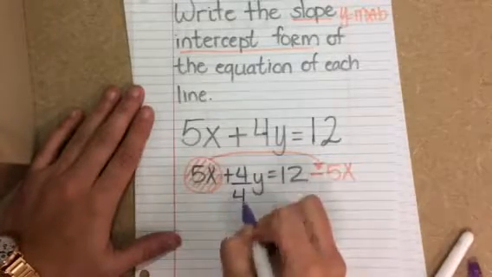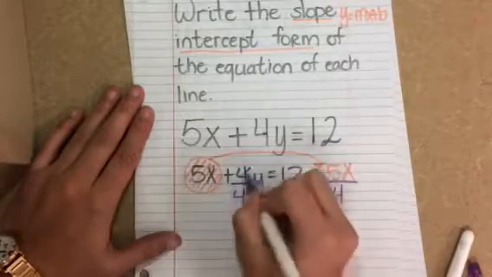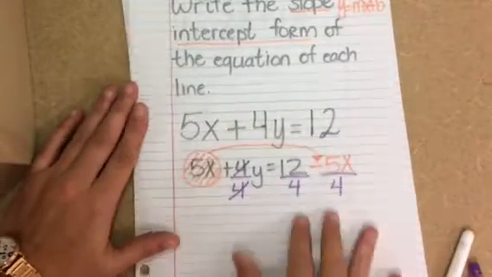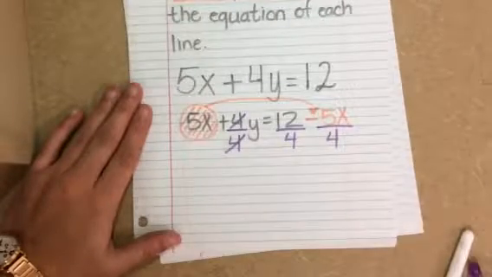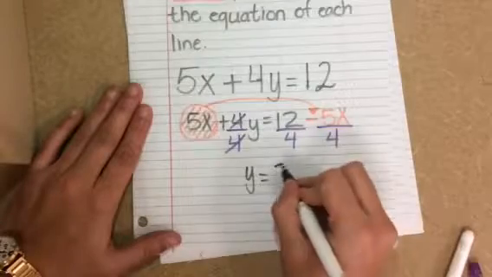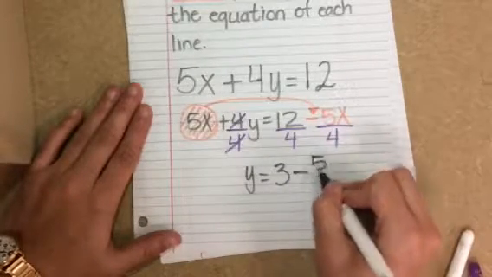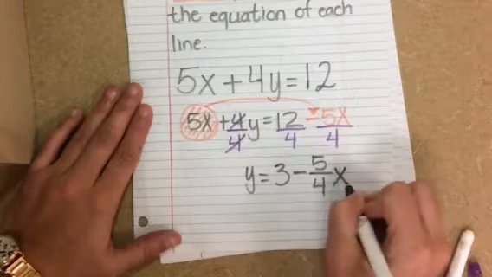So divide by 4, and you divide every term by 4. This cancels out. So you're able to end up with y equals 12 divided by 4, that's 3, minus 5 over 4x.